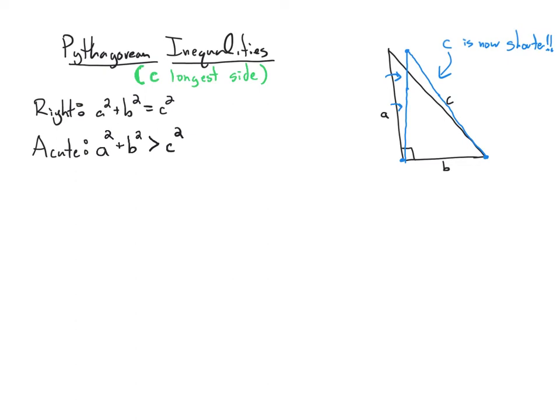Okay. And what about for an obtuse triangle? Let's explore again. I'm going to do the same thing. I'm going to draw a right angle triangle. There it is.